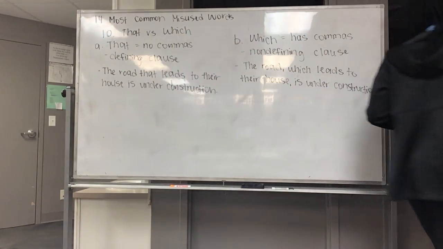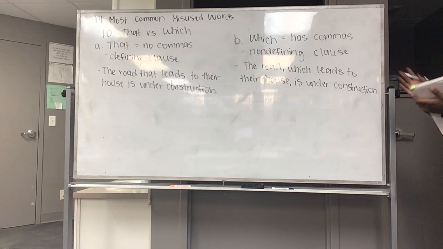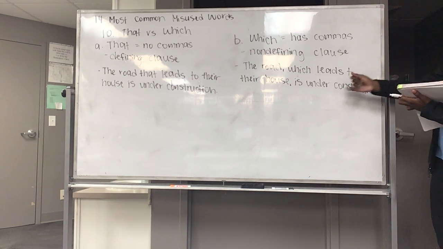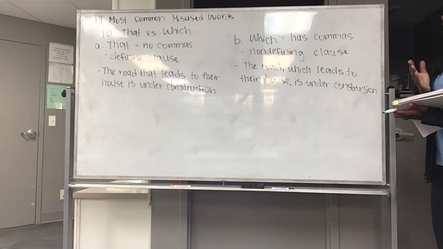Okay. So the road, which leads to their house, is under construction. So even though we use the exact same sentence, this part, which leads to their house, is non-essential to what we're talking about.